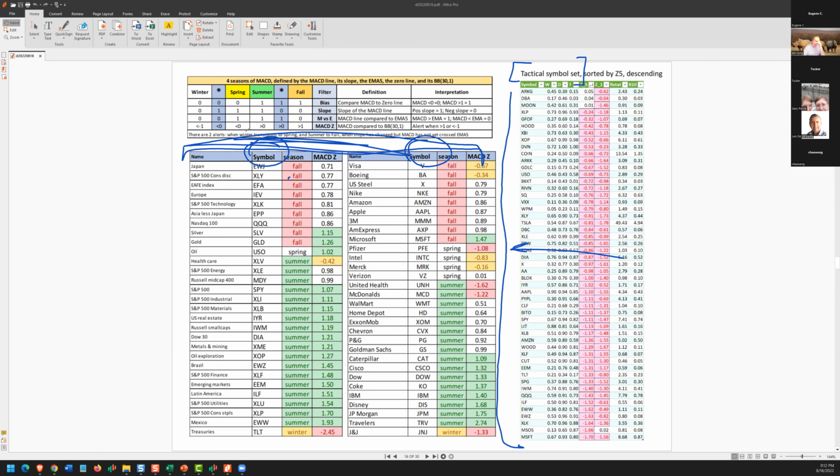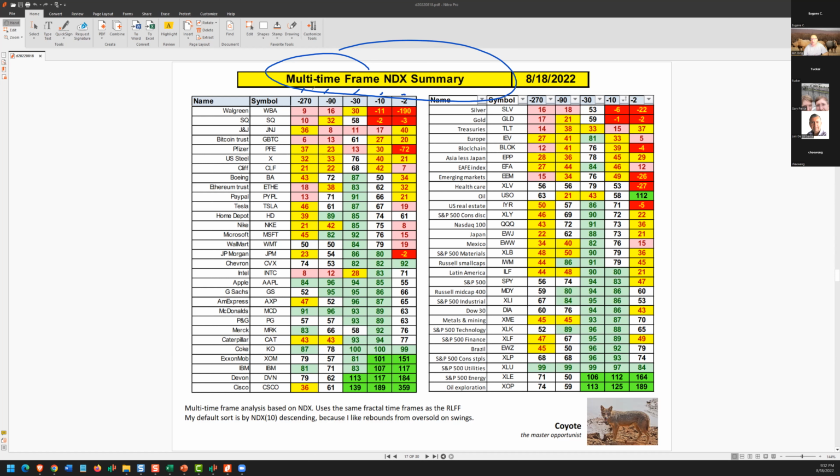This is the multi-time frame NDX summary. So I'm looking at 2 days, 10 days, 30 days, 90 days, 270. And for each one of those time periods, I'm setting the highest high equal to 100 and the lowest low equal to 0 of the day before. So then when today's price action prints, we find the closing price, and then we map it to that score of 0 to 100.